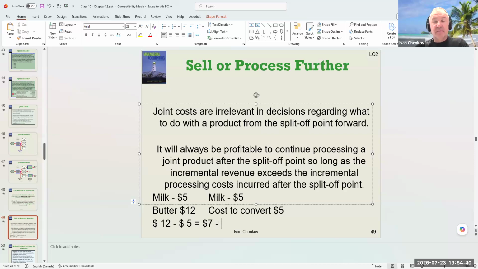But it costs me only $5 to produce it. I should have chosen a different number, but I chose $5. So if I continue with the butter, I'm going to generate $2 per liter extra. So yes, I'm going to continue with the butter.